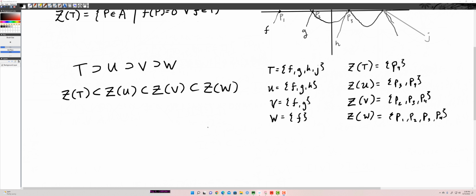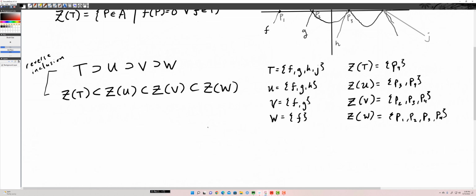But when I look for my zero sets, what I see is that the inclusion reverses, right? Z of T is contained in Z of U, is contained in Z of V, is contained in Z of W. This is another example of the reverse inclusion that we discussed in the last video. And that will appear as a theme throughout some of these videos.